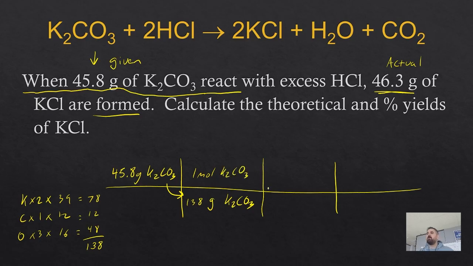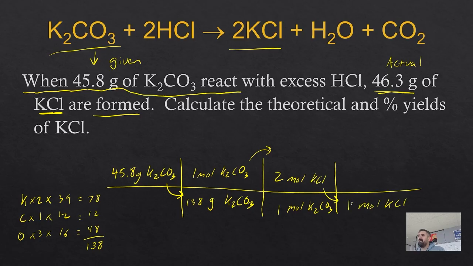Now that we have moles, what's our next step? Mole what? What comes after moles? Mole ratio, good. At the bottom, it's going to be moles of K2CO3, and it's going to be 1, that's correct. And then at the top, it's going to be how much KCl is formed. So KCl is going to be 2 moles of KCl. And then what goes down here?